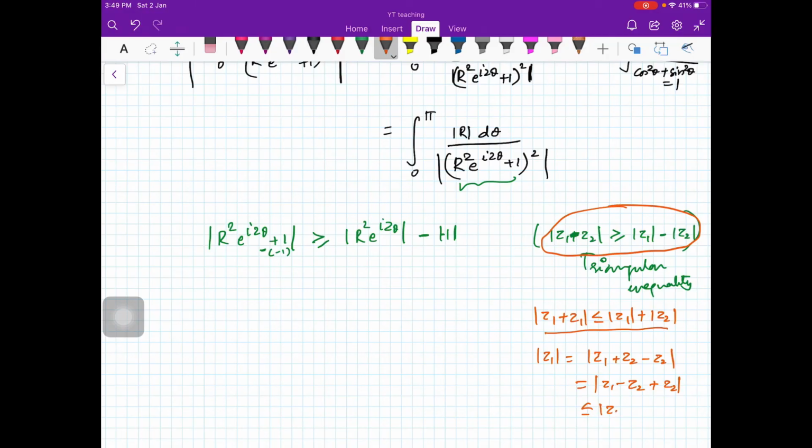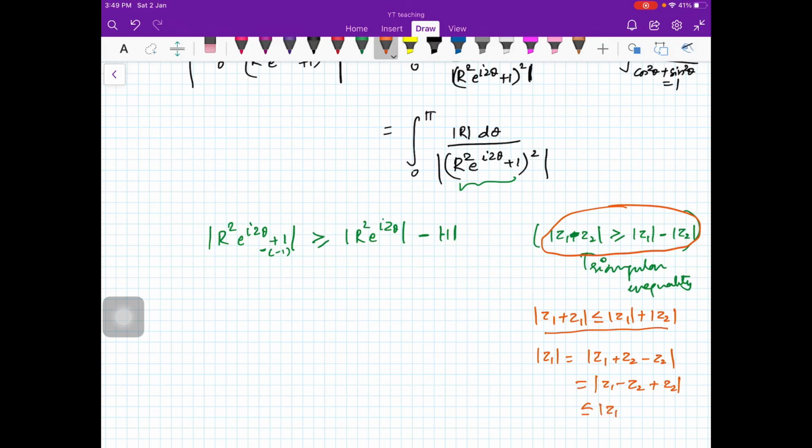So here again you have mod of r square, and this is r square because mod of e raised to iota theta is 1, and mod of e raised to iota 2 theta is also 1, minus 1. So this number is greater than or equal to r square minus 1, and these are positive numbers because r is more than 1.